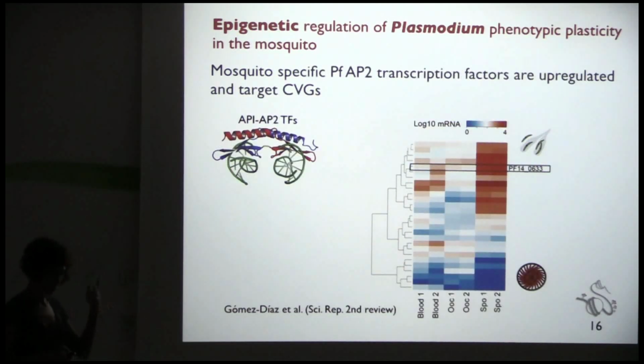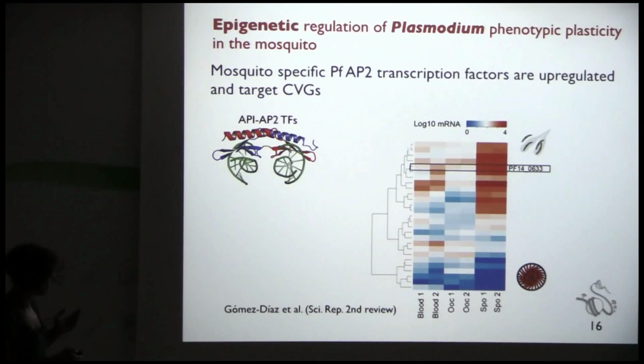Among these genes that are expressed at high levels in the salivary glands, there are a number of transcription factors that, in the case of Plasmodium, we are now starting to discover play important roles in the regulation of gene function, but there is still very little knowledge about it.